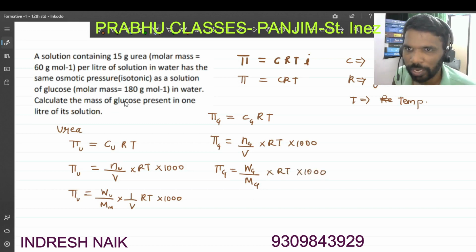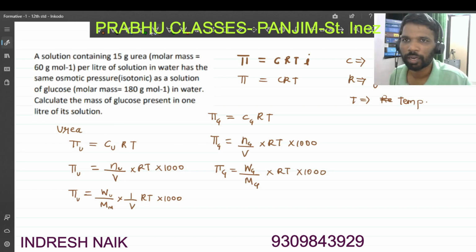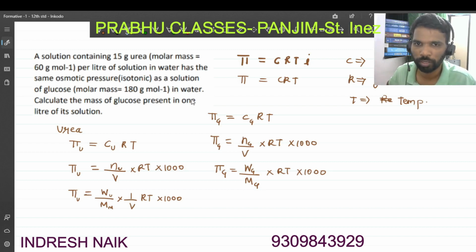But what they have said in the question is that they both have the same osmotic pressure. It is mentioned here, right? That one liter of solution in water has the same osmotic pressure as a solution of glucose in water. Both are having the same osmotic pressure.